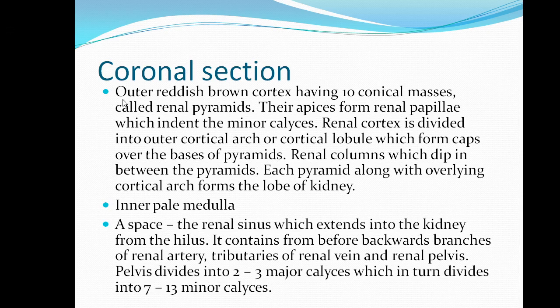In the coronal section, the kidney shows an outer reddish brown cortex and an inner medulla having 10 conical masses. These conical masses are called renal pyramids.